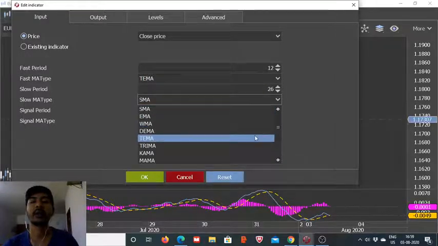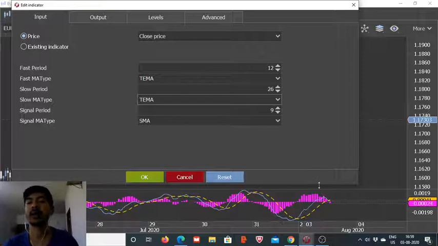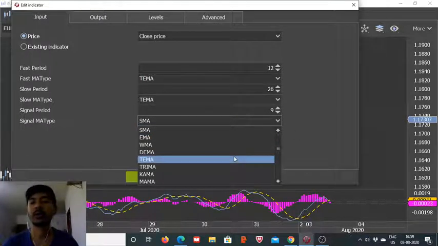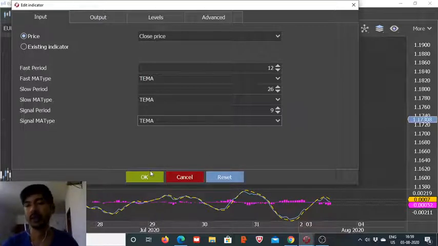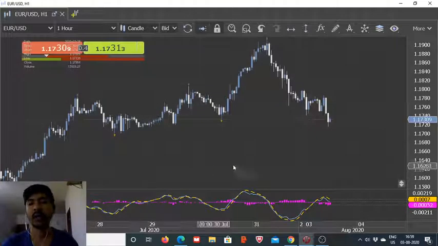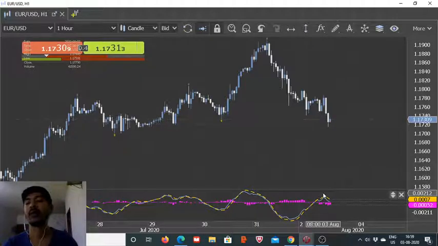Let us try these as well. TMA. Okay, again here you are noticing the change, and if we change these two to TMA as well, the whole chart for MACD is now different.